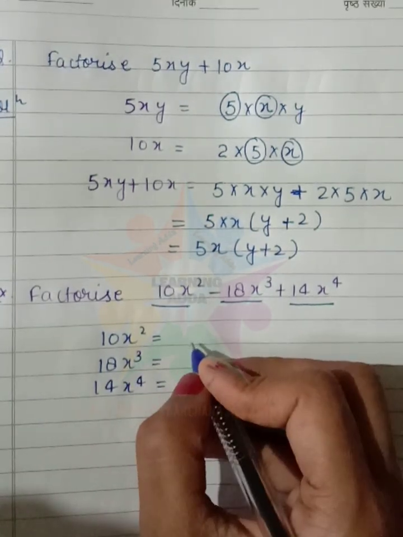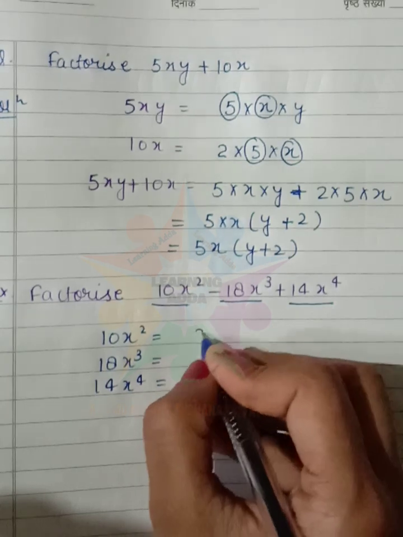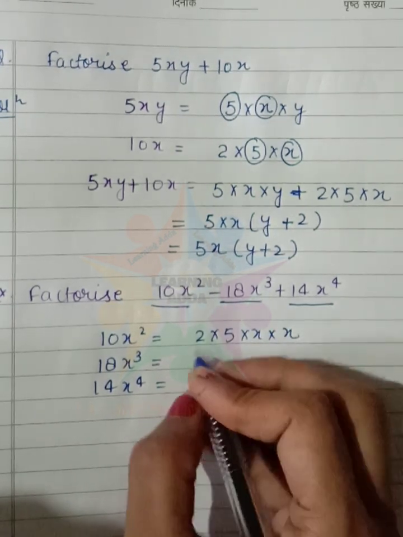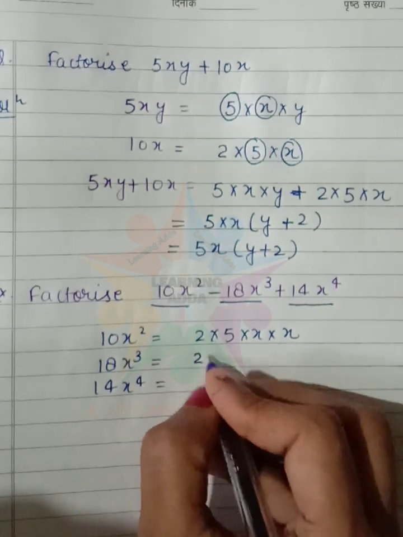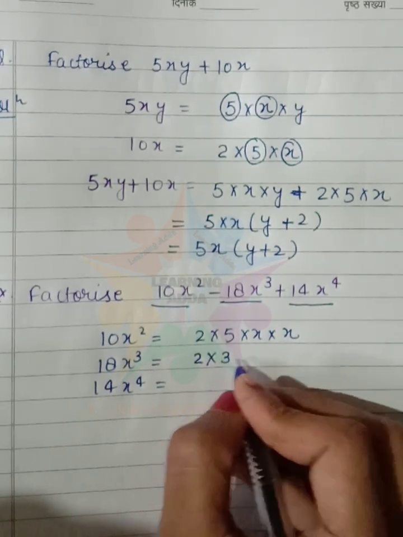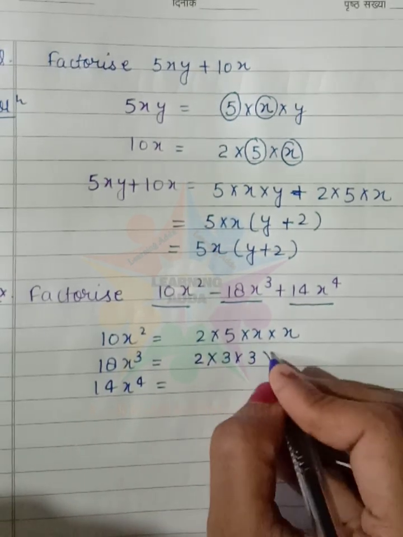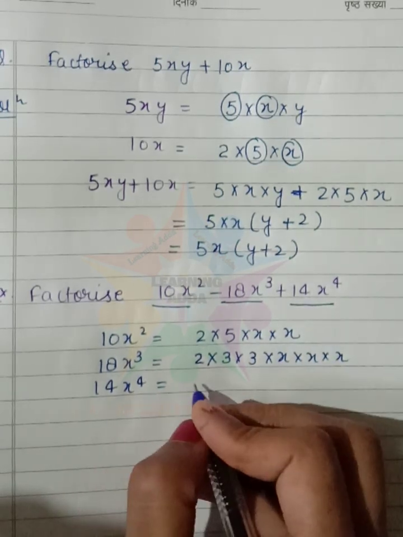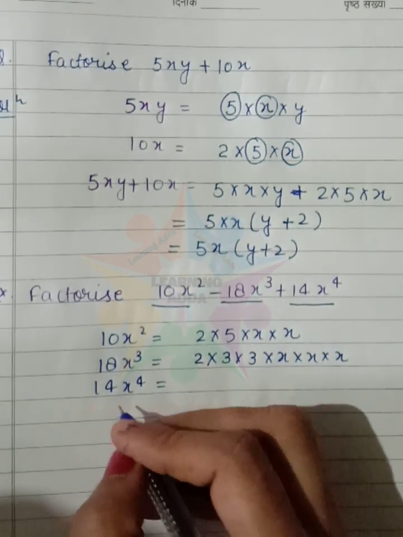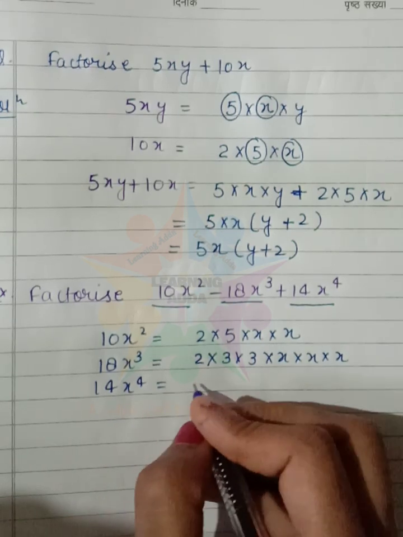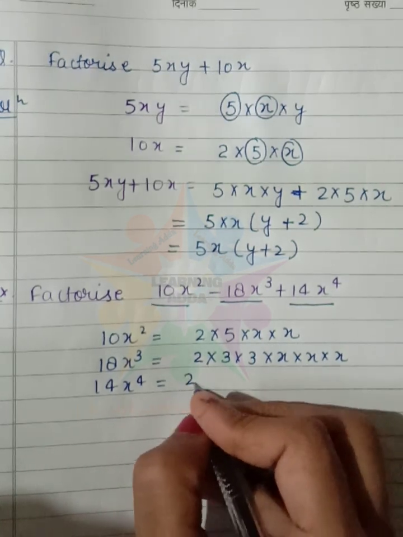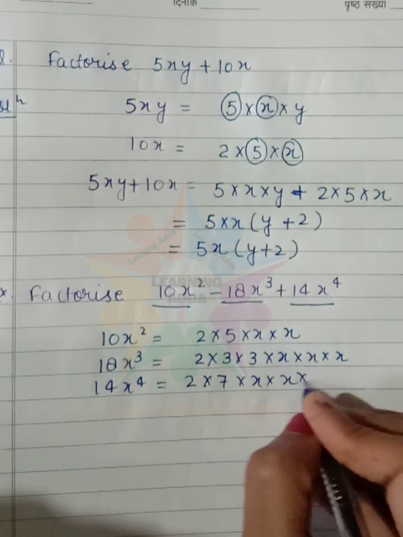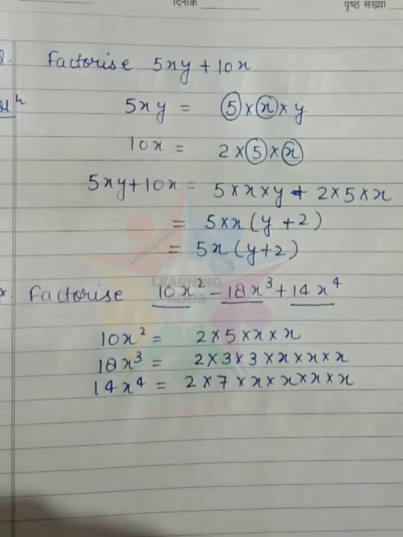If we factor the first term, 10x square means 2 into 5 into x into x, and the second term is 2 into 3 into 3 into x into x into x. Similarly, factor of 14x to the power 4 equals 2 into 7 into x into x into x into x.